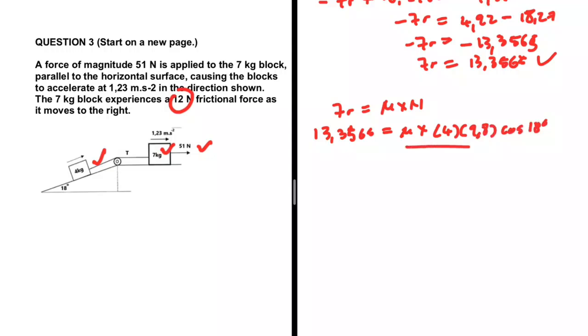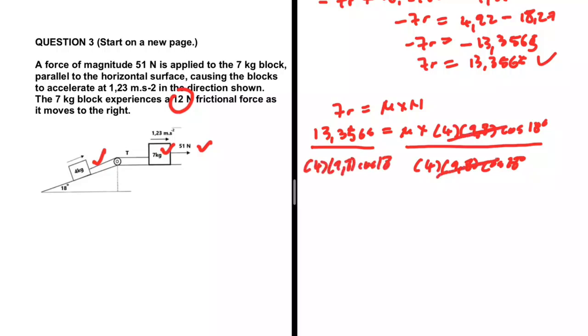So we're going to divide both sides by the coefficient. Well, I almost said the coefficient of kinetic friction. Well, that's what it is, but let's just say we're going to divide by 4 multiplied by 9.8 multiplied by cos of 18 degrees. These are going to cancel out.